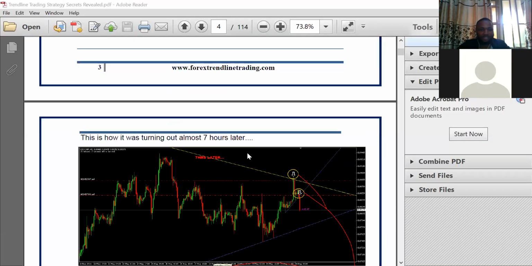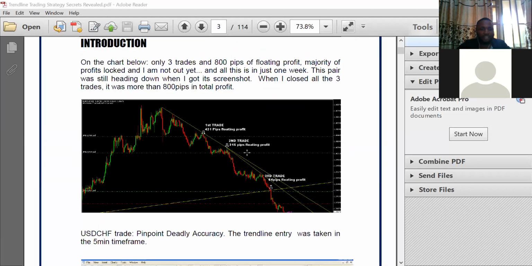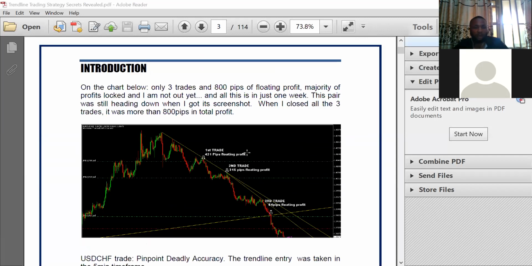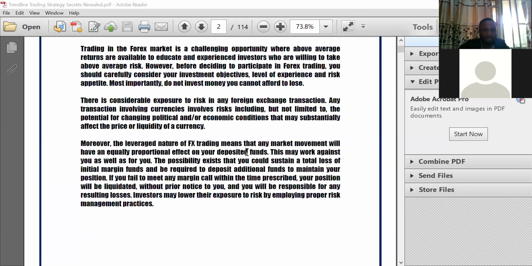Okay, so I'll be sharing my screen with the little theory about trend lines. Before we go into the practical section, we must have an idea of what we are talking about.